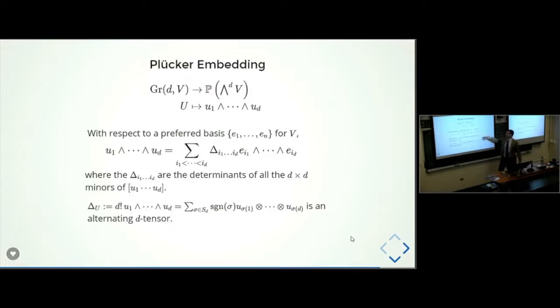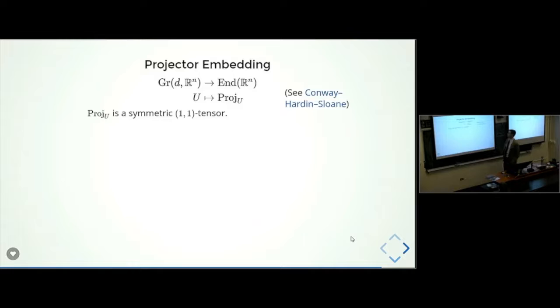This is algebraic geometry, but this kind of sucks because this is n choose d minus 1 dimensional, whereas this was d times (n minus d) dimensional, and n choose d is way bigger than d times (n minus d), right? So the people that are interested in applications prefer this choice of coordinate system, where you send a d-dimensional linear subspace to the projection operator, right?